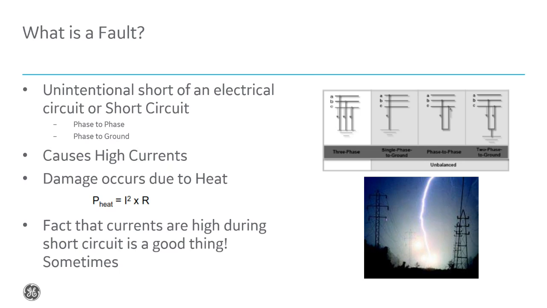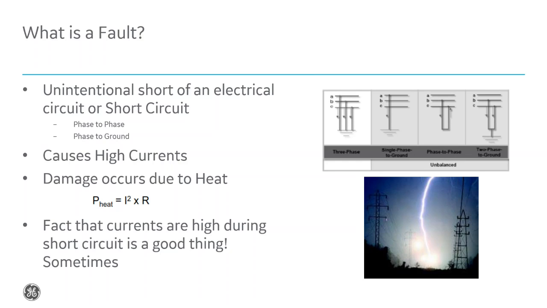All of this equipment is built or designed to handle a certain amount of heating for short periods of time. So heating by itself should not have an adverse effect on equipment in real time. I mean, it will have an adverse effect in the long term, but that fault by itself at that moment in time should not cause an adverse effect in equipment.